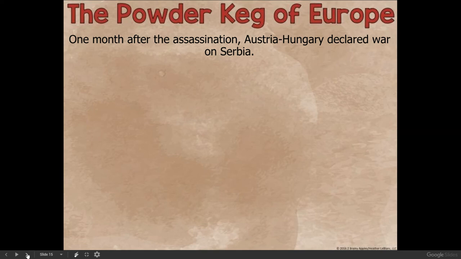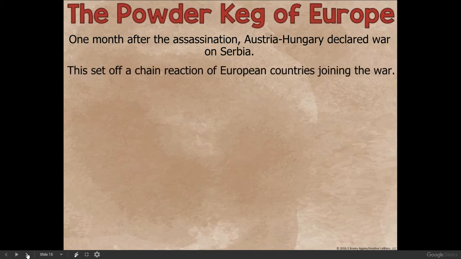So, this is going to spark that alliance system that we talked about earlier. It sets off a chain reaction of European countries joining the war. Because Austria-Hungary declared war on Serbia, Russia gets all of their troops ready and they start moving to the border of Russia that borders Austria-Hungary. They mobilize very quickly in order to help defend Serbia because Russia and Serbia are in an alliance.